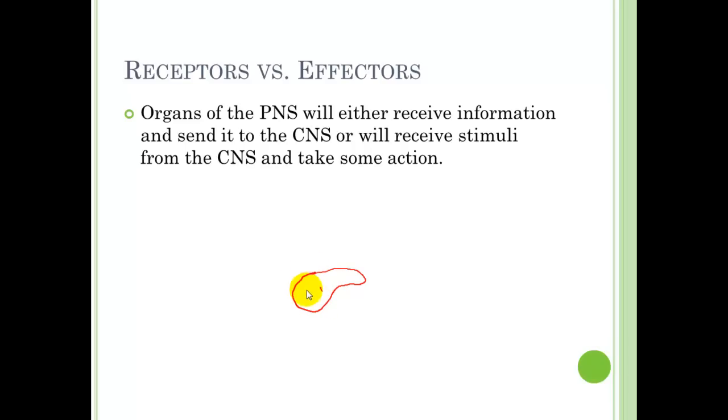The peripheral nervous system would have autonomic input and autonomic sensory to look at, see how well this organ is doing, and maybe activate the endocrine system if required or necessary. The CNS will receive stimulus and take some action.